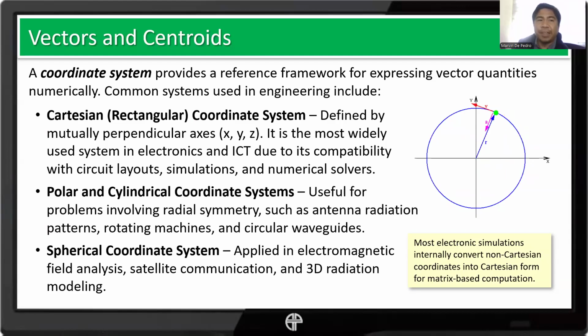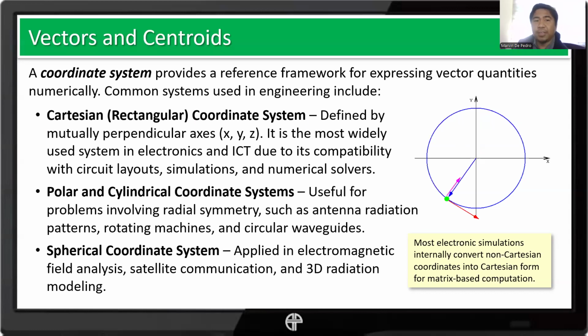It is defined by mutually perpendicular x, y, and z axes. The X and Y axes are perpendicular to each other, Y and Z axes are perpendicular to each other, and X and Z axes are perpendicular to each other.